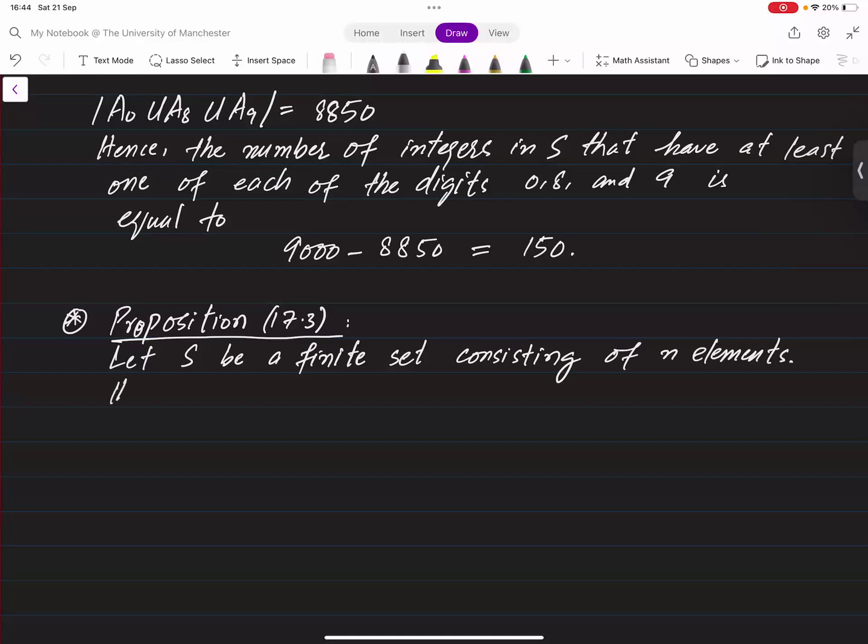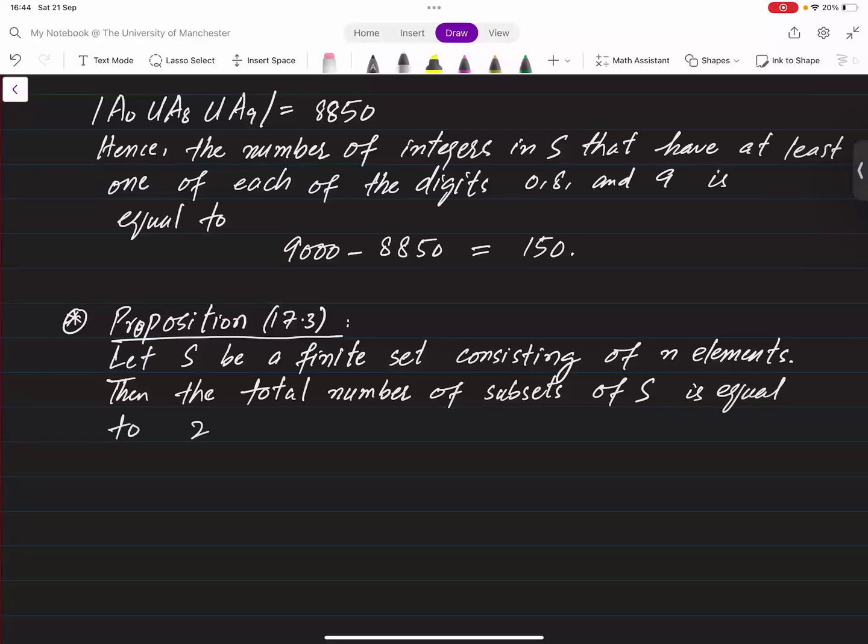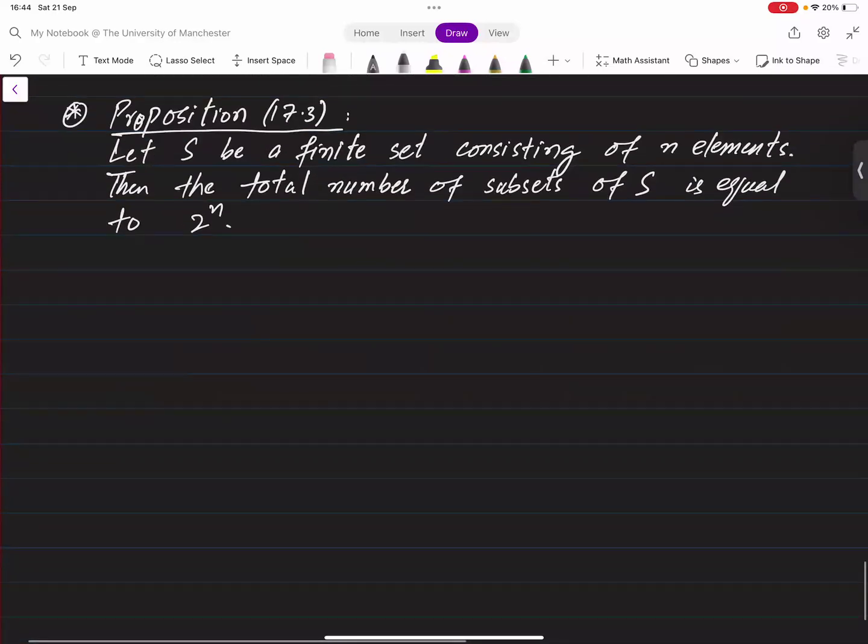Then the total number of subsets of the set S is equal to 2 power n. And we will prove this proposition, and then we will end this part of the lecture.